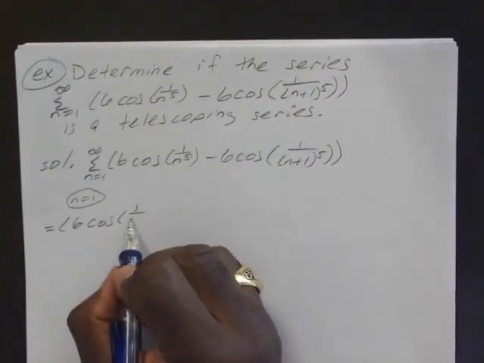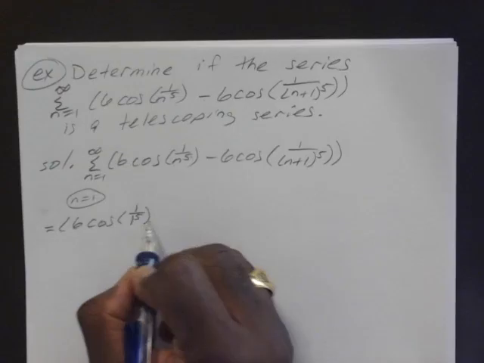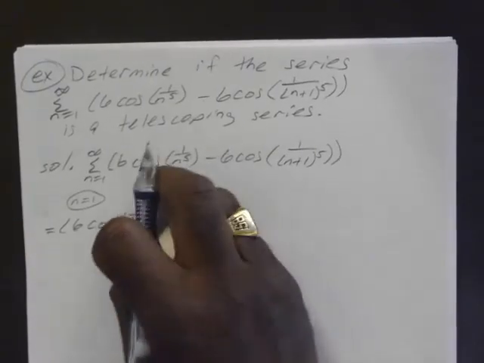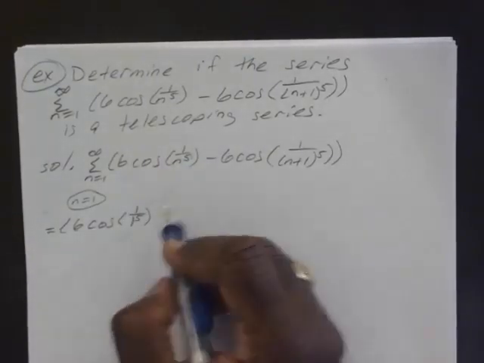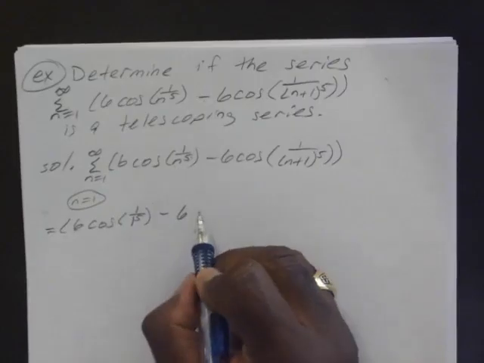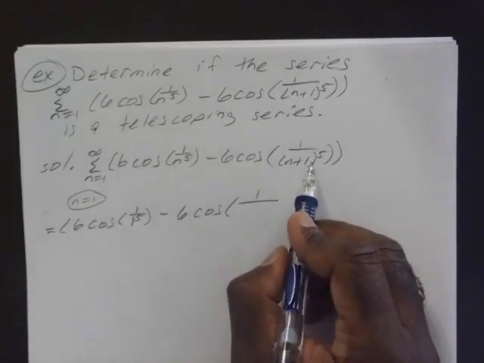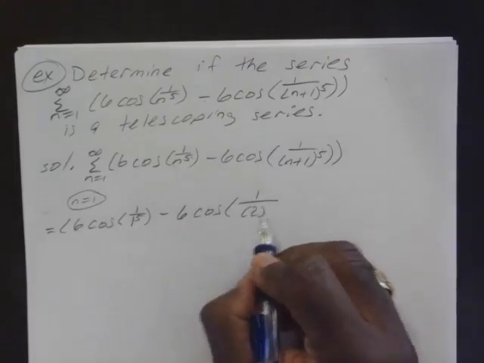Because it doesn't really matter if it's simplified or not, especially if it's just going to cancel out. Minus 6 times cosine of 1 over 1 plus 1 to the 5th power, so we'll just leave it as 2 to the 5th power.